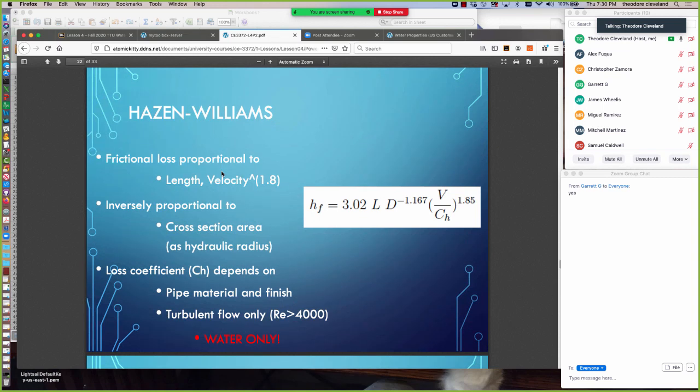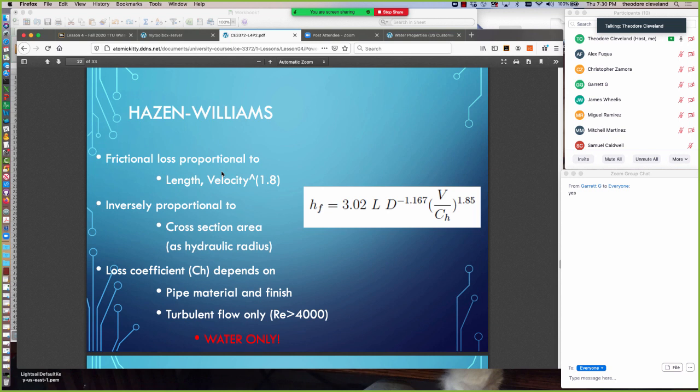So the Hazen-Williams loss model, expressed as a head loss model as shown here, is head loss is equal to some coefficient, so that 3.02 changes value depending on whether it's US customary or SI units.